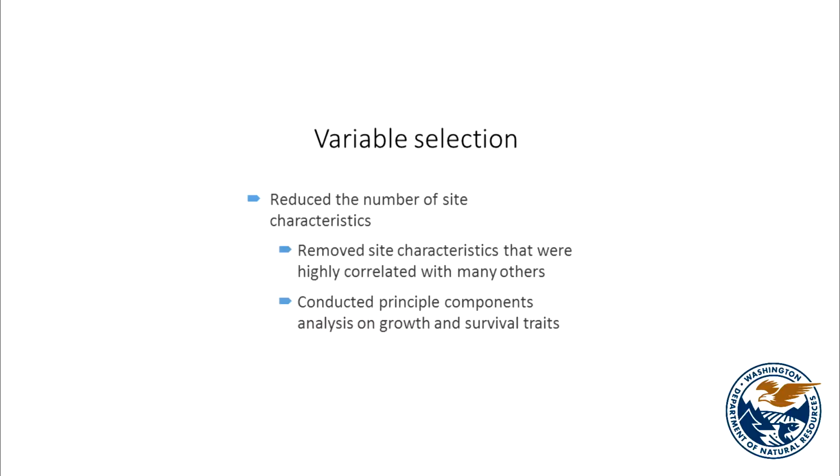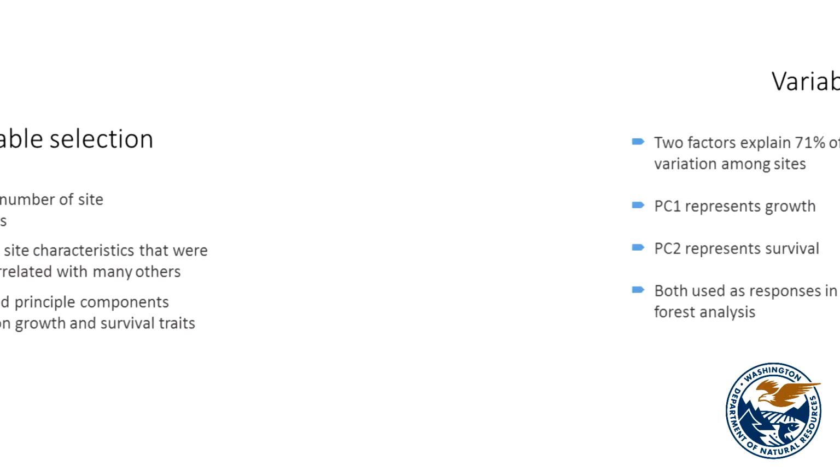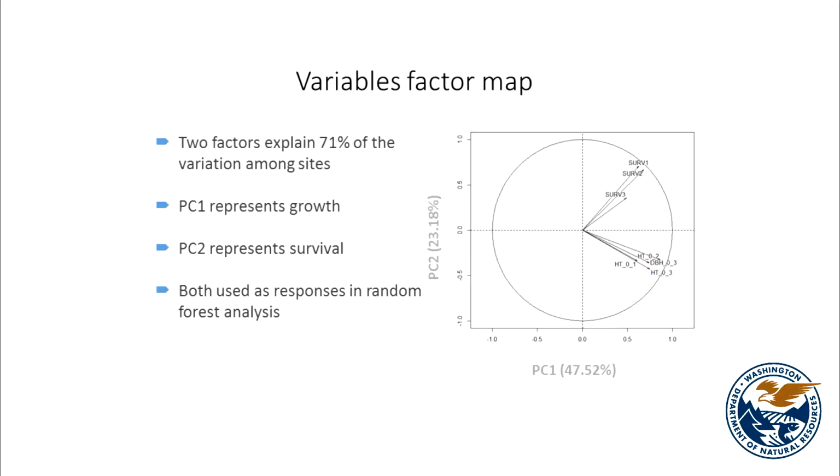And then we used a principal component analysis of the growth and survival traits to figure out which site characteristics explained the most variation. With a principal component analysis, you take all, in this case, 7 of our response traits, and each of those response traits has variation associated with it.